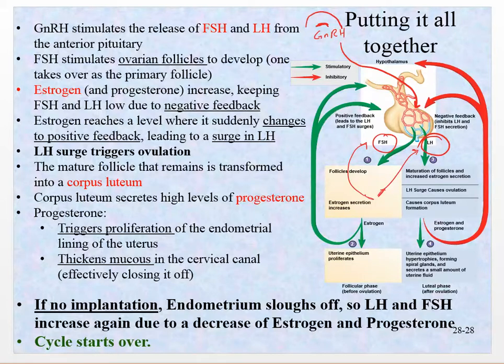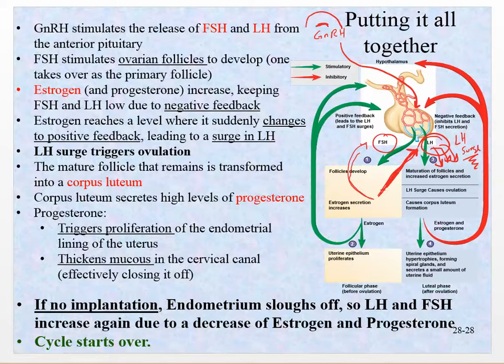Then it suddenly says, hey, LH, about that stay low thing I was telling you, I want you now to release as much of you as you can, and that's the LH surge. The LH surge is what then causes ovulation.